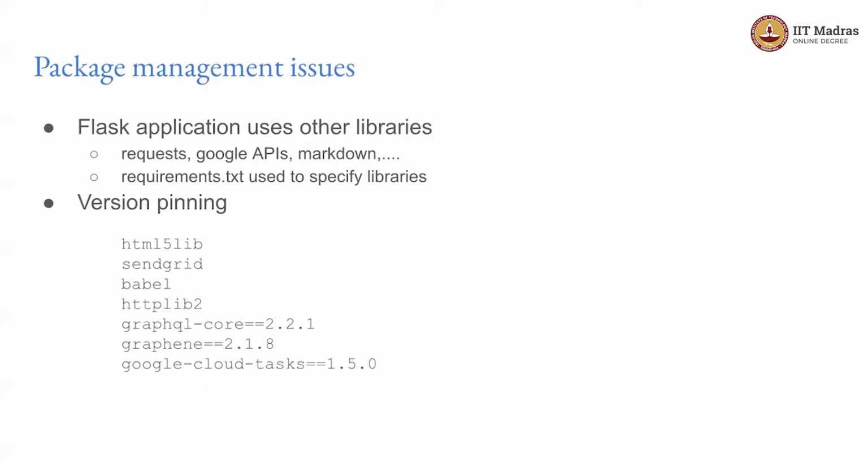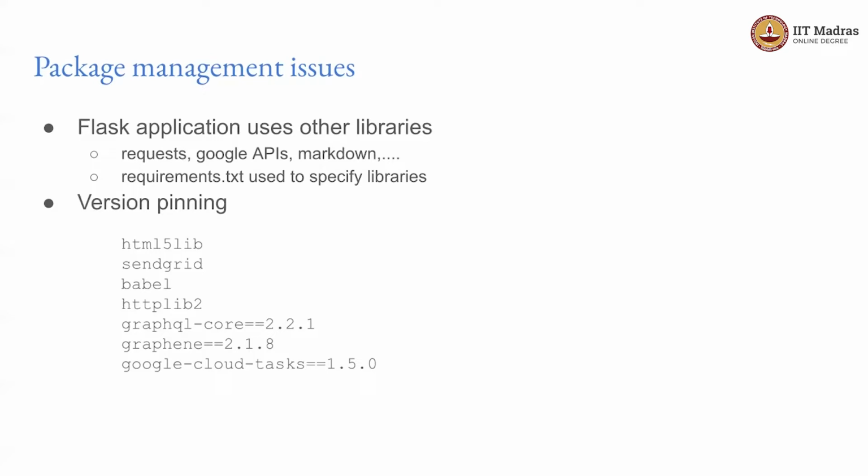Whereas some other things like graphql-core, Graphene, Google Cloud Tasks, and so on have a very specific version number associated with them. In general, it is better that you specify the version number. The reason being that from the time that you wrote the code to the time that you then try to install it, or maybe you are trying to maintain it 2 or 3 years later, you will find that httplib2 or html5lib has evolved.